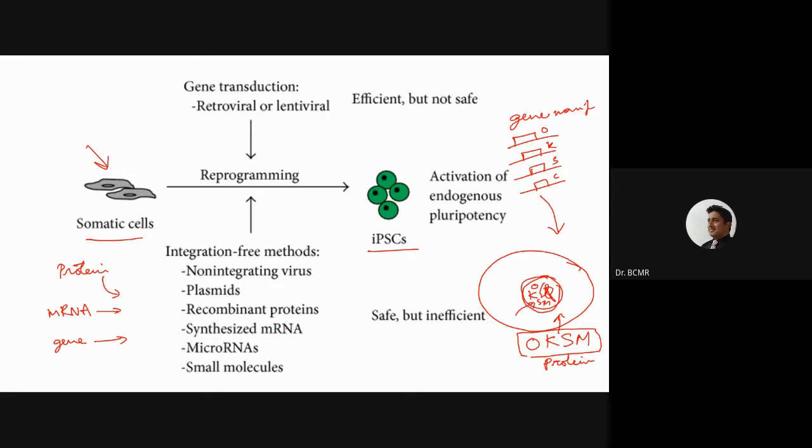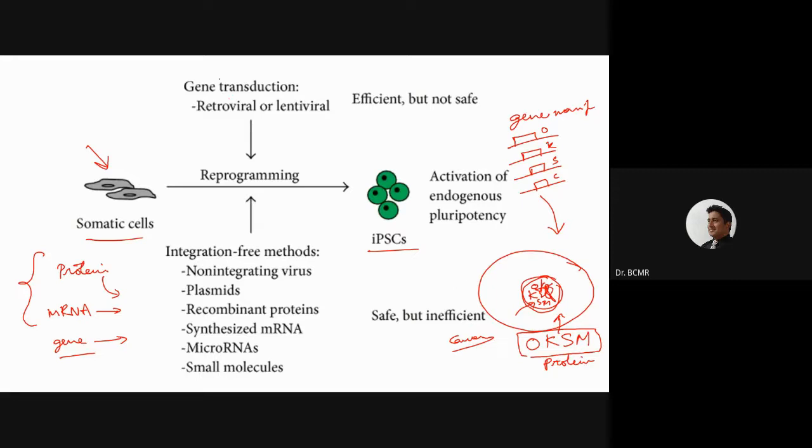If you look at this, the best way is to use protein or mRNA, because when we use genes, and the gene gets integrated into the genome, then the risk of cancers is high. So it is not very useful.